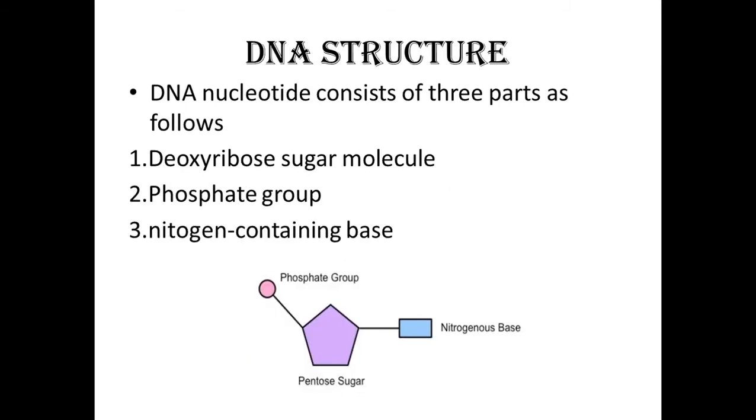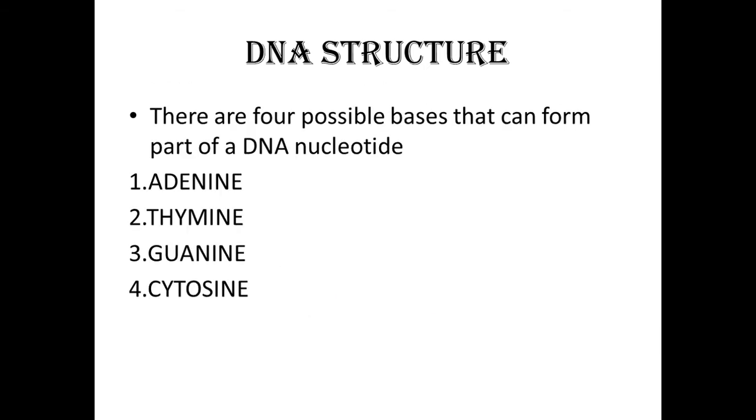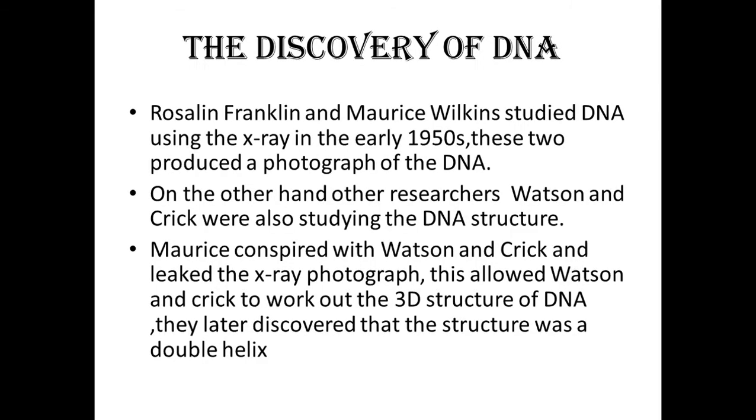DNA nucleotides consist of three parts as follows: a deoxyribose sugar molecule, a phosphate group, and a nitrogen-containing base. There are four possible bases that can form part of your DNA nucleotides: adenine, thymine, guanine, and your cytosine.